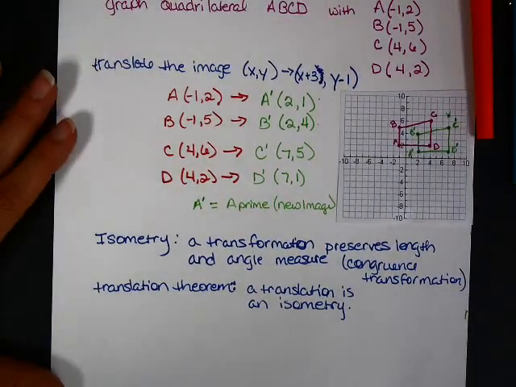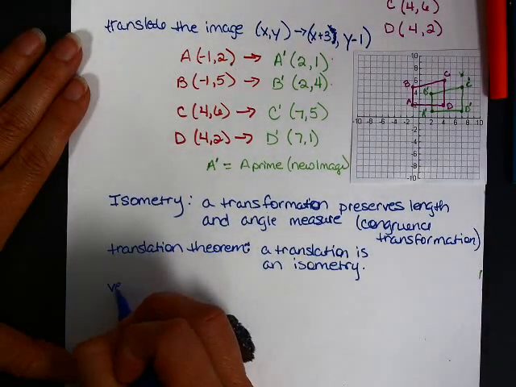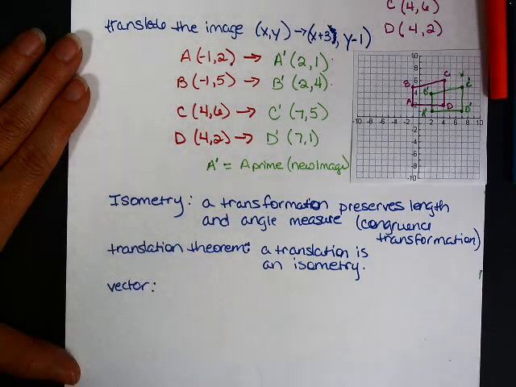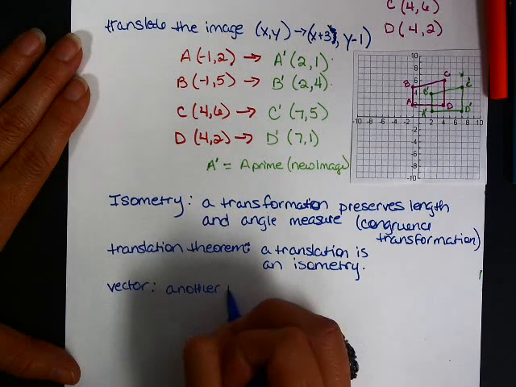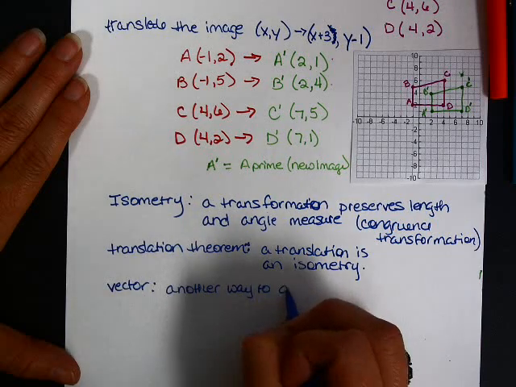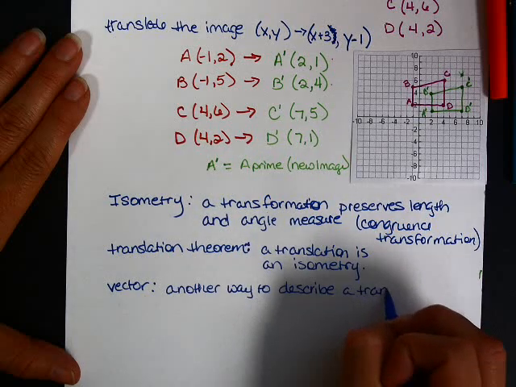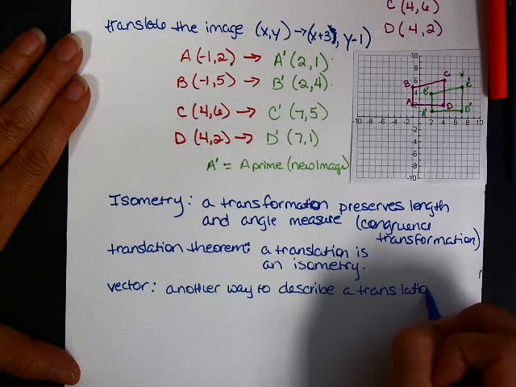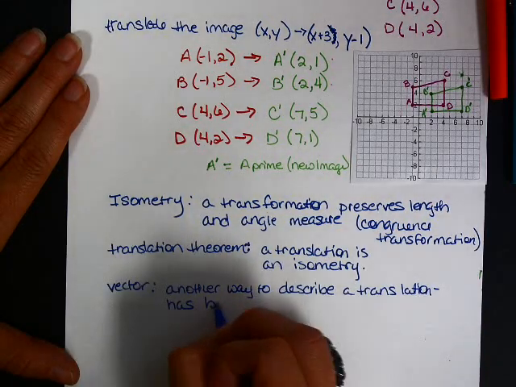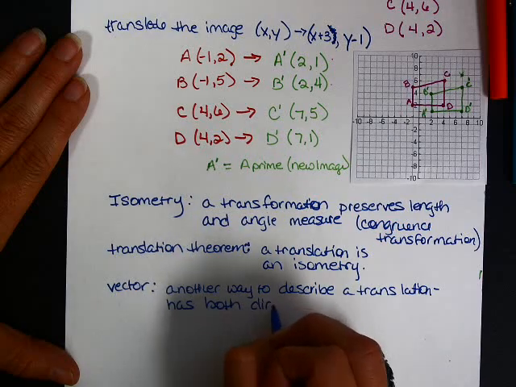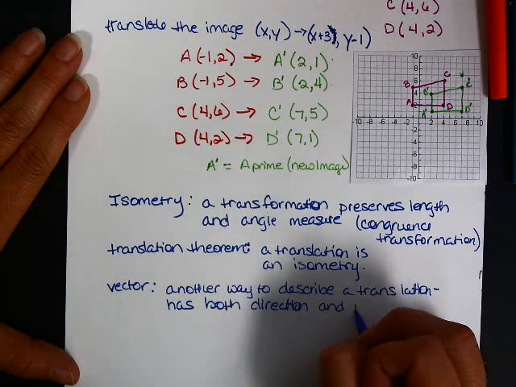Okay, now we're getting into some new stuff. A vector. Let's talk about vectors, shall we? A vector is another way to describe a translation. It has both direction and magnitude.